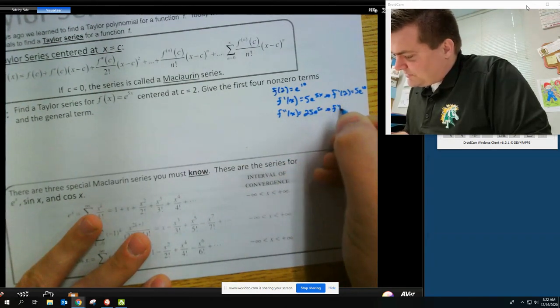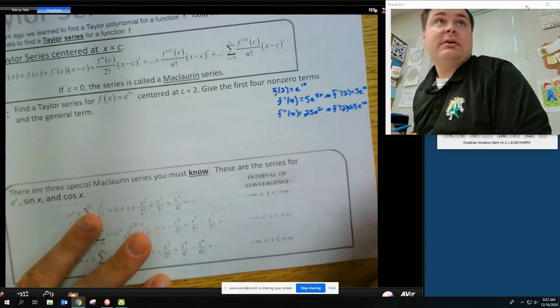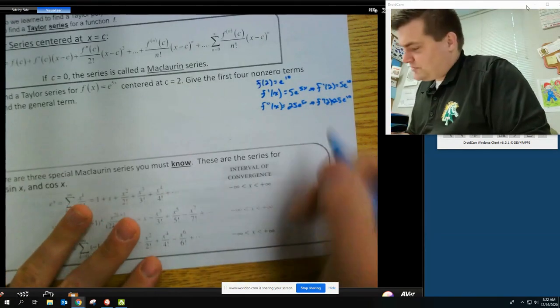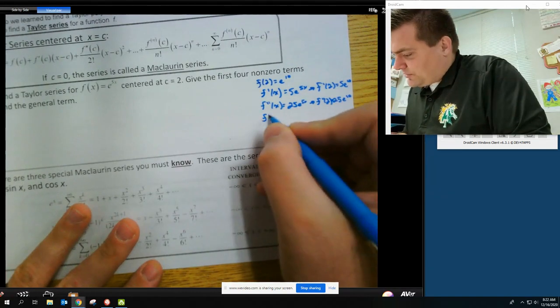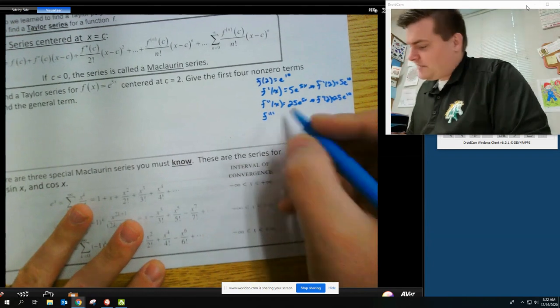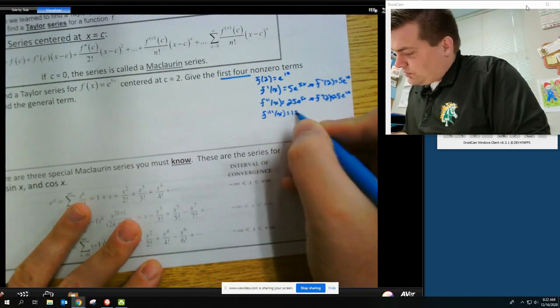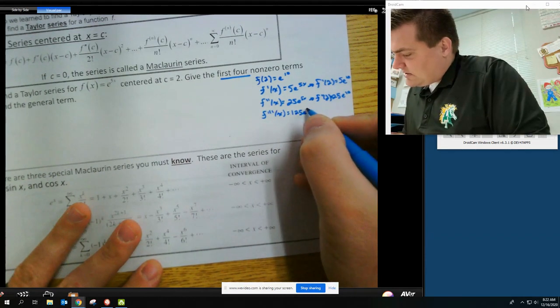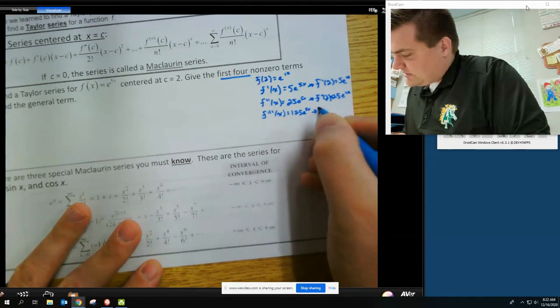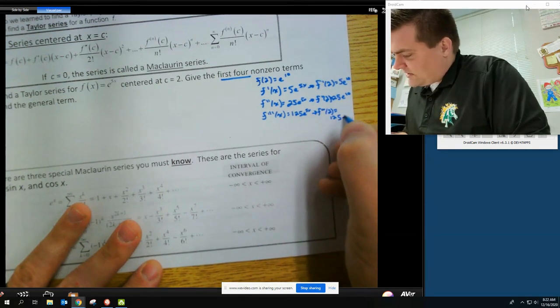So f double prime of 2 is going to be 25e to the 10. That's supposed to be an equal sign. And then f triple prime, so it's going to give us our 1, 2, 3. This gives us our fourth term, which it wants, 4, is going to be 125e to the 5x. This is going to give me 125e to the 10.